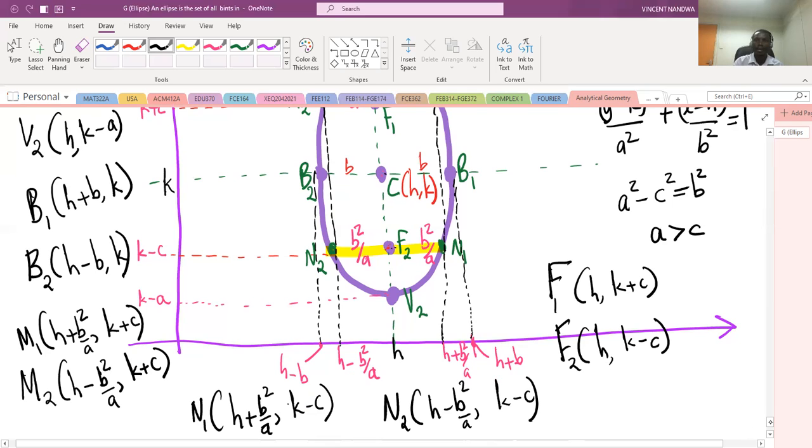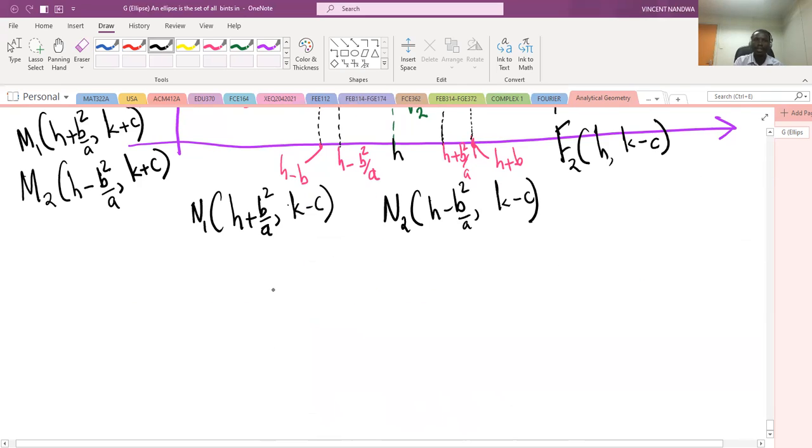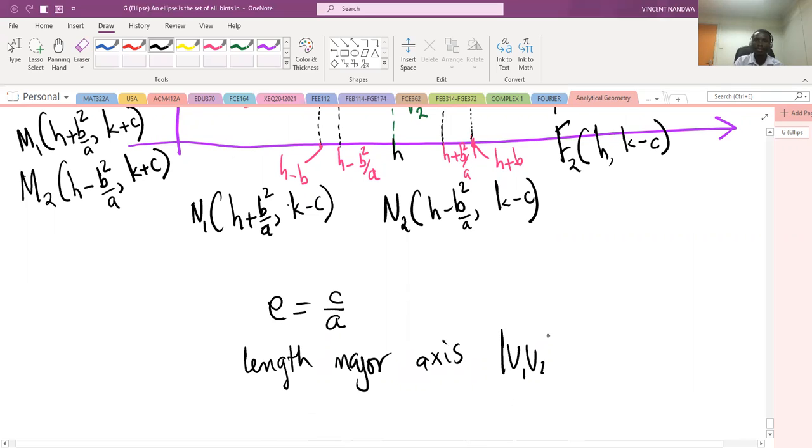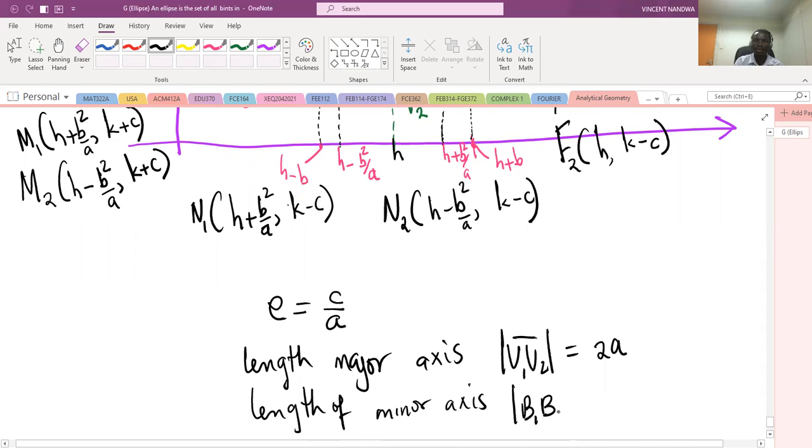And then eccentricity remains to be c over a, length of major axis remains to be the distance from V1 to V2, which is just 2a, length of minor axis remains to be the distance between the co-vertices, B1, B2, which is 2b.